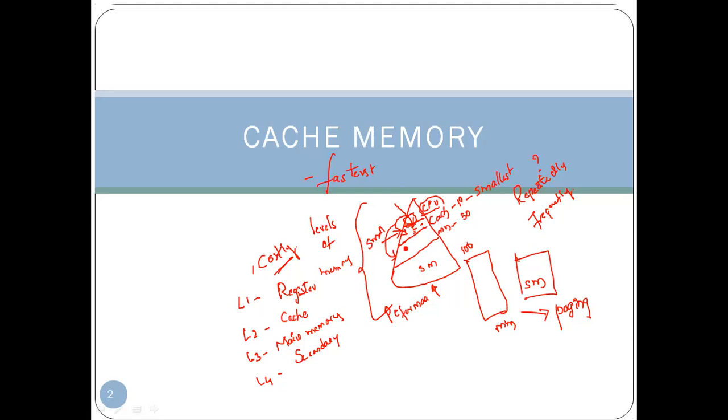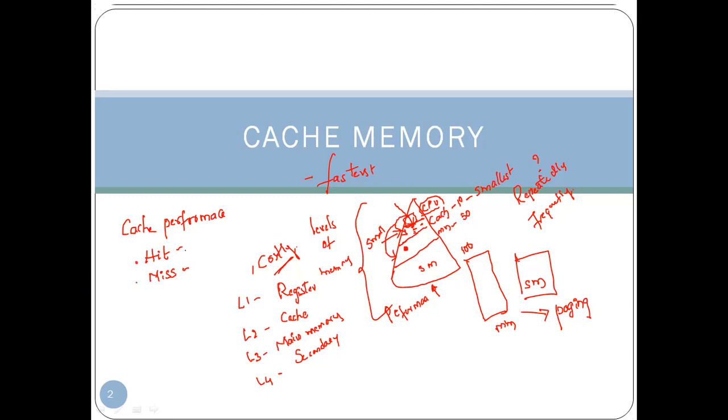When we talk about cache performance, we have a formula. Cache performance is calculated in terms of cache hit and cache miss. So what do you mean by a cache hit and a cache miss?